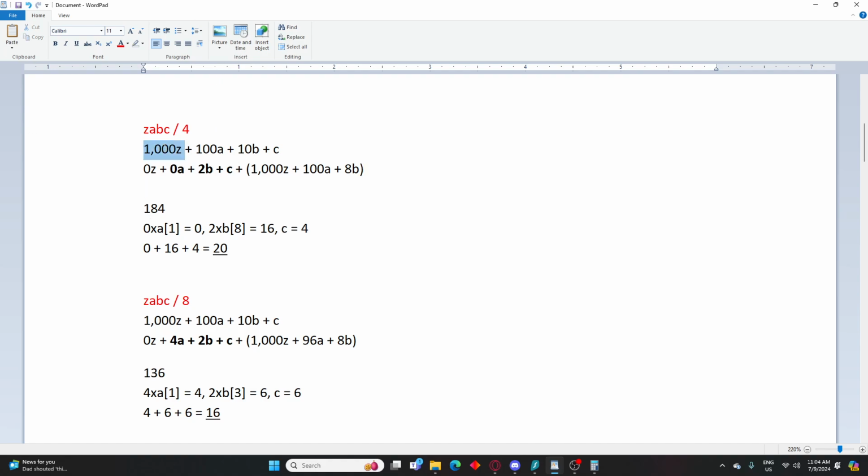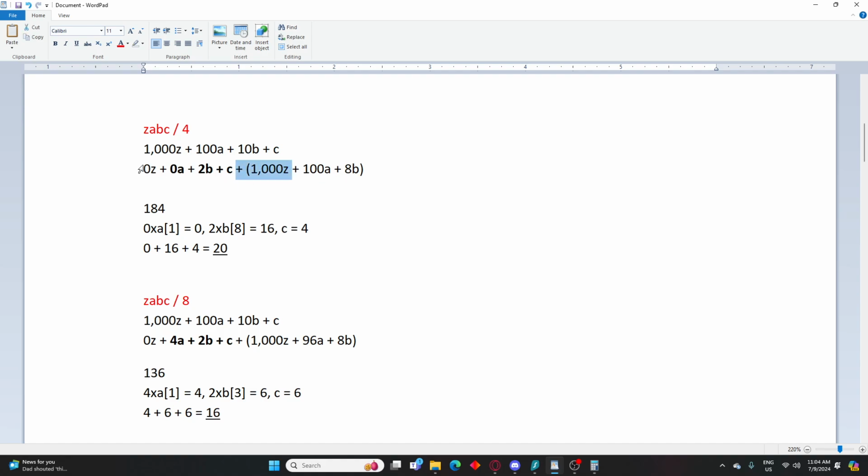So this is a representation of this number: 1000 times Z, 100 times A, because these are all the different digits. So this is the same as this. Is it? Yes, it is. Had to double check.